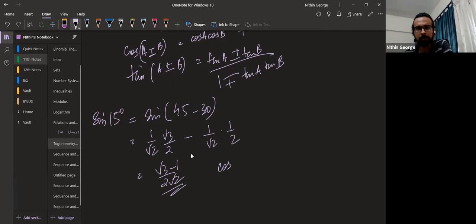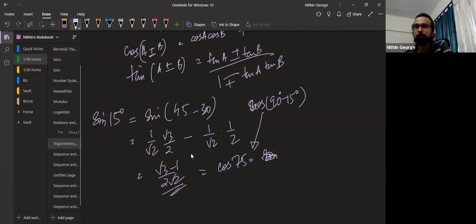Can you tell me what cos 75 will be? Guys, don't find from the beginning. Notice that sin 15 can be written as cos 90 minus 15. That is nothing but cos 75.